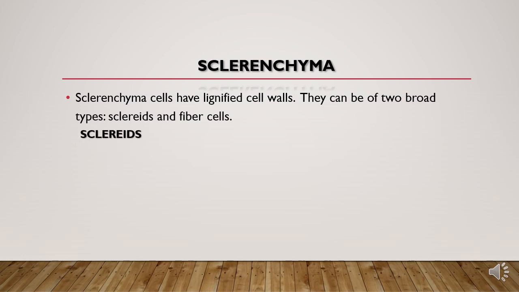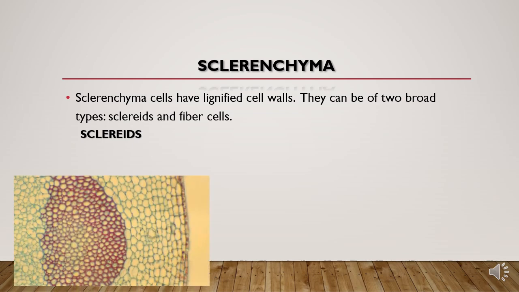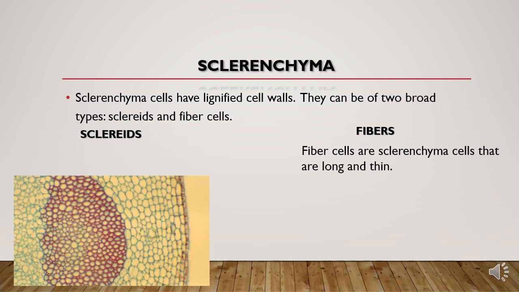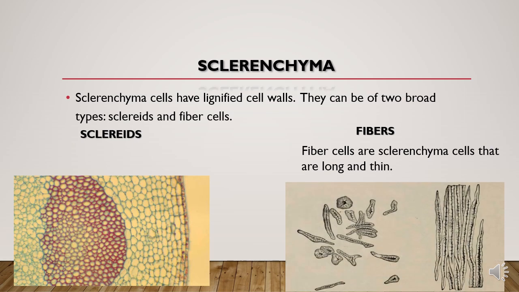Starting with the sclereid, I'm going to give a simple representation of a drawing. That is how a sclereid looks like. Fibers are sclerenchyma cells that are long and thin, and they look like that according to the diagram on the screen.